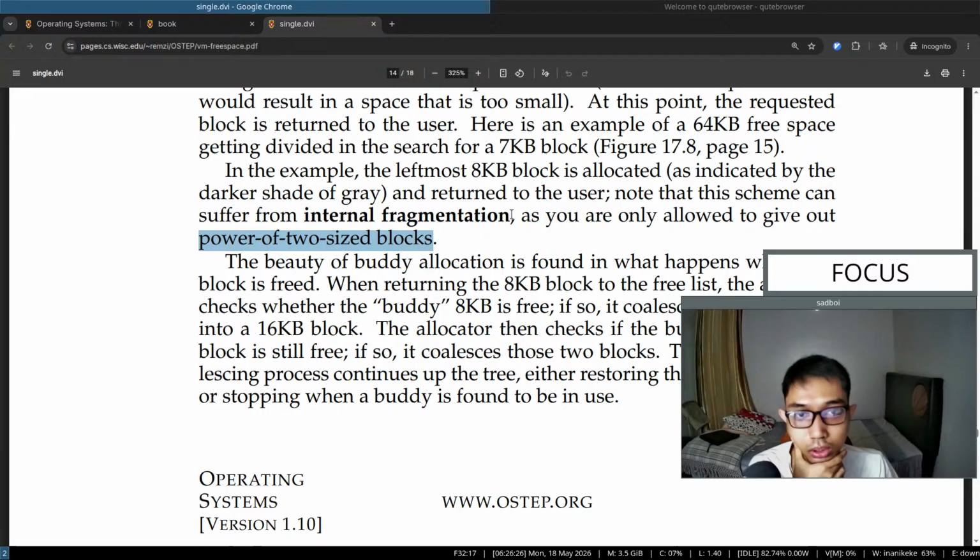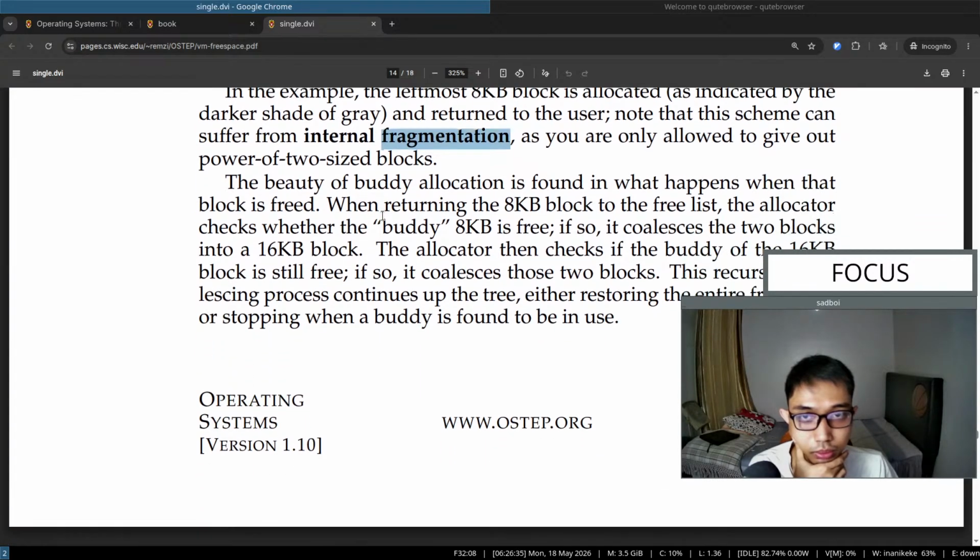Oh, so the fragmentation inside the allocated space, maybe something like that.